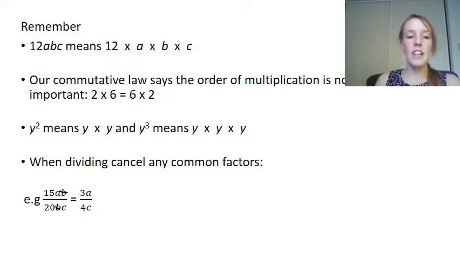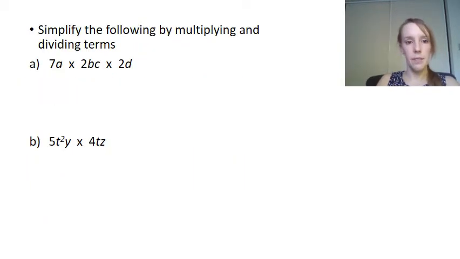And here the 15 divided by 20, well, we can actually simplify that by dividing by the highest common factor. The highest common factor of both of them is 5. So 15 divided by 5 is 3, 20 divided by 5 is 4, which leaves us with this answer, 3A divided by 4C. So we got there by simplifying, by cancelling out any common factors.